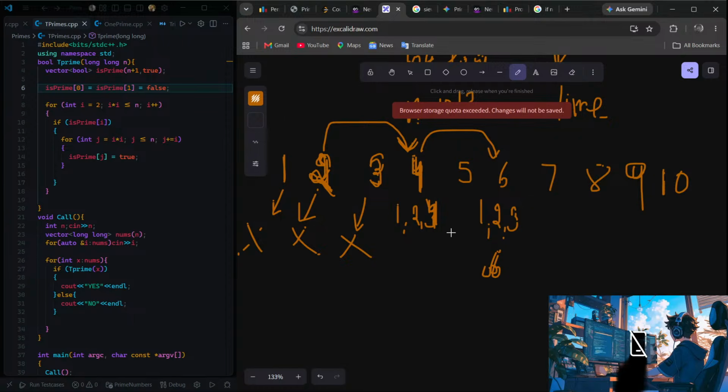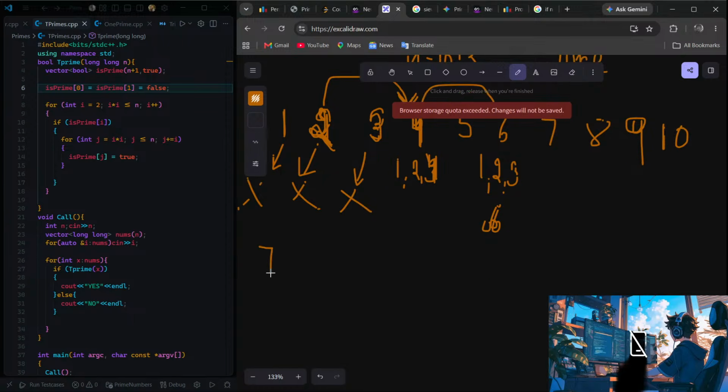So initially I will mark this, this is not a T prime number. 2 is also not a T prime. 3 is also not a T prime, but 4 is there. This is a T prime. And I will tell that 4 is the first T prime number.